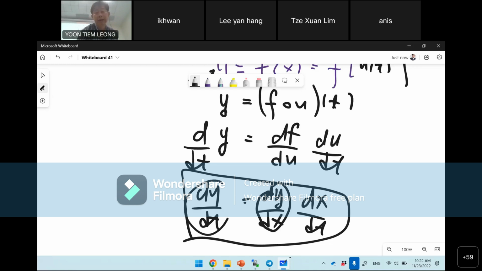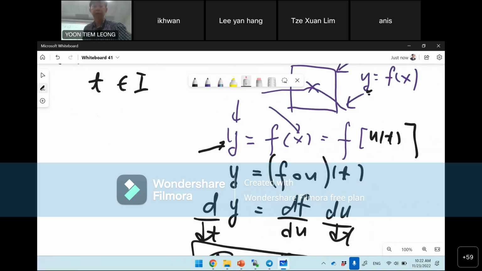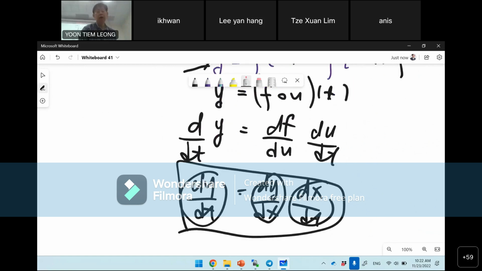And dy dt, dx dt is just the time derivative or the t derivative of the coordinates x and y in terms of u and v. So you are always given a set of parametric equations, x equals u(t), y equals v(t). So with the knowledge of how y and x depend on t, you can then obtain the derivative of y and x with respect to t.